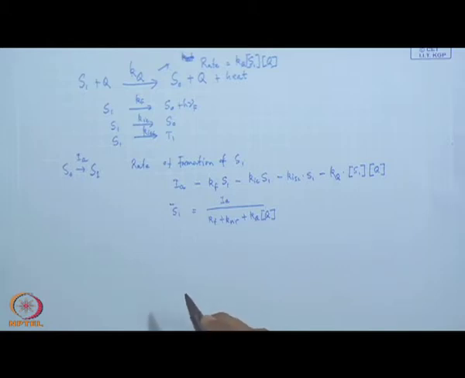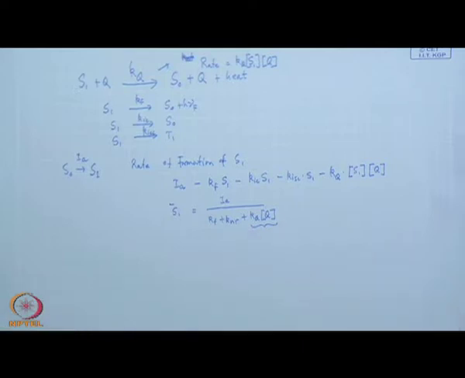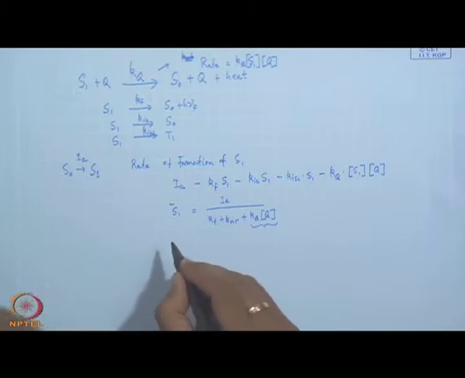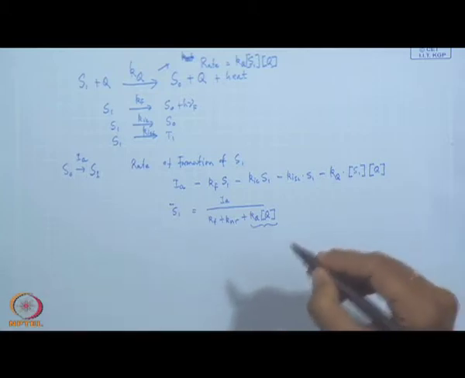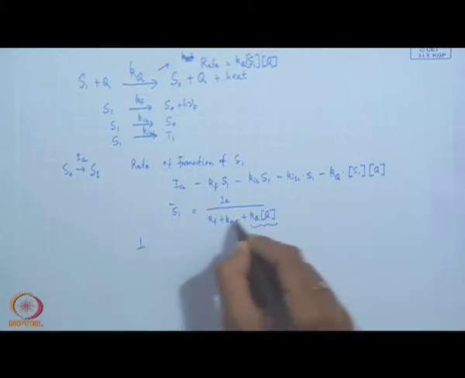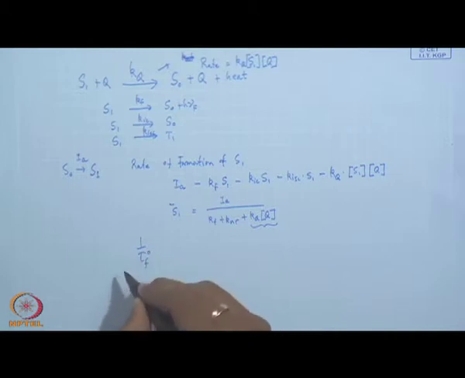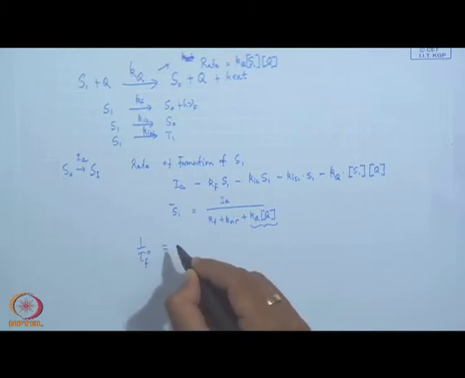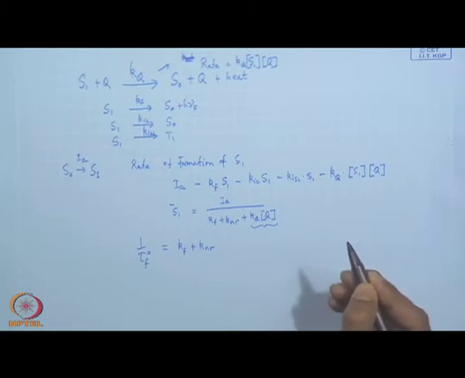Now, in terms of fluorescence lifetime, 1 by tau f 0, where 0 means in the absence of any quencher, you can write as Kf plus Knr.